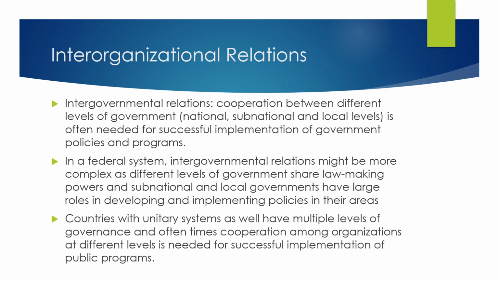For example, in federal systems, we have different levels of government with different lawmaking powers and different authorities over some areas of policy, and so this makes relations between public organizations at these different levels more complicated and requires more coordination and cooperation in order to achieve the general policy objectives of a country.